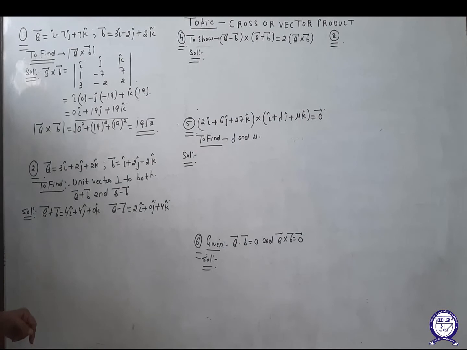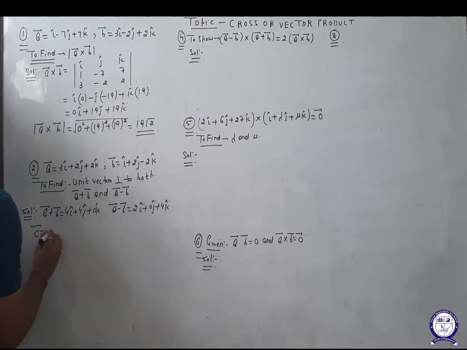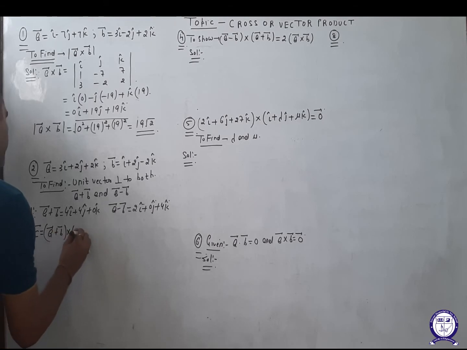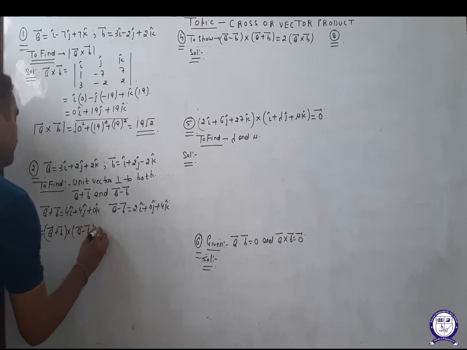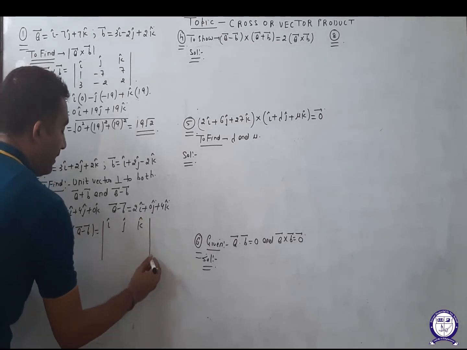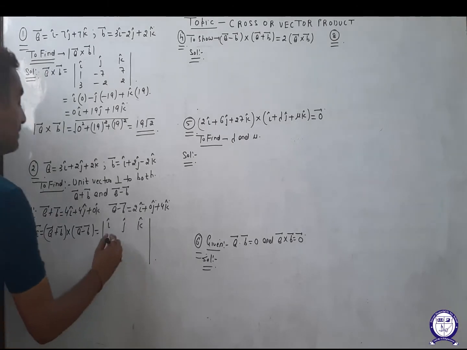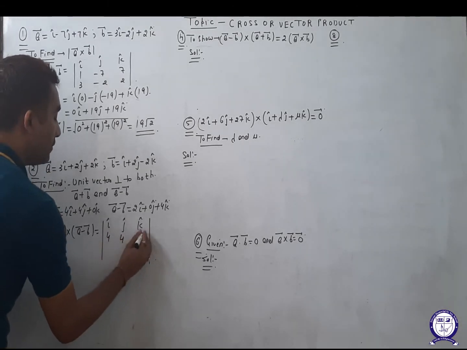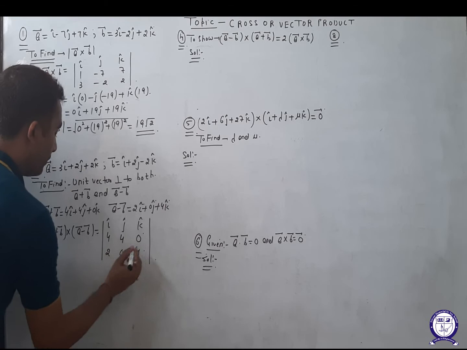Now, you need a single vector which is perpendicular to both. Obviously, it will be the cross product of both vectors. You can say C vector, that is the cross of both vectors. And cross is solved like a determinant. Now here is 4, 4, 0, 2, 0, 4.